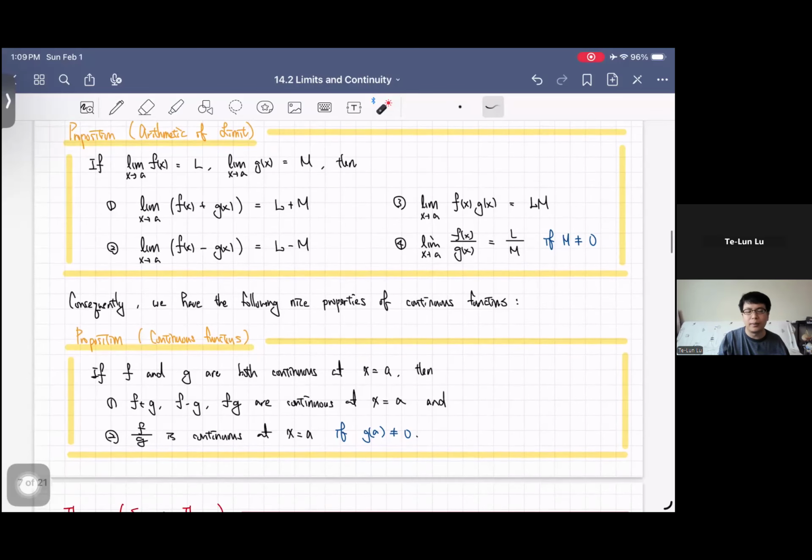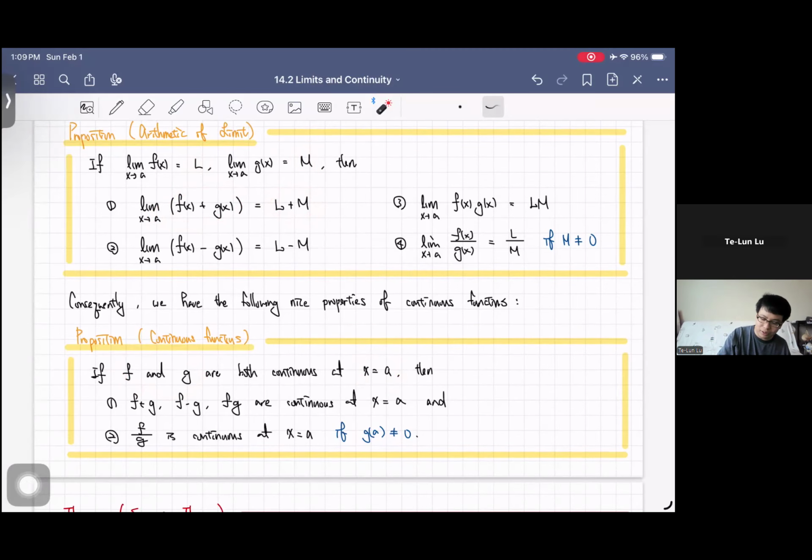So based on those properties, we have an additional property about continuity. Suppose f and g are continuous at the point a, that means that L in this case is just f of a, and M is just g of a. So obviously that means that the limit of f plus g at a is simply f of a plus g of a, which is the function value of f plus g at a.